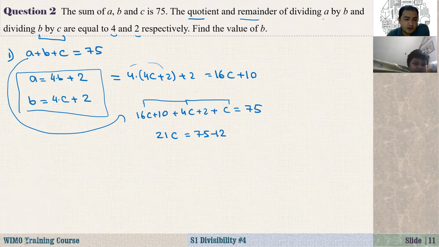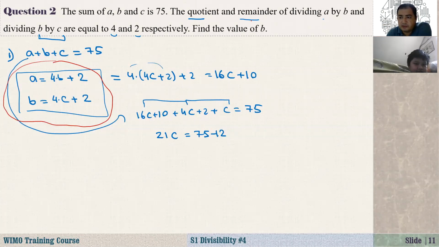Carol, which part are you talking about? I mean, this part? Yeah. Okay. In the question, Carol, as I told you, if you don't read well, you don't understand this question. It says the quotient and remainder of dividing A by B and dividing B by C are equal to 4 and 2 respectively.